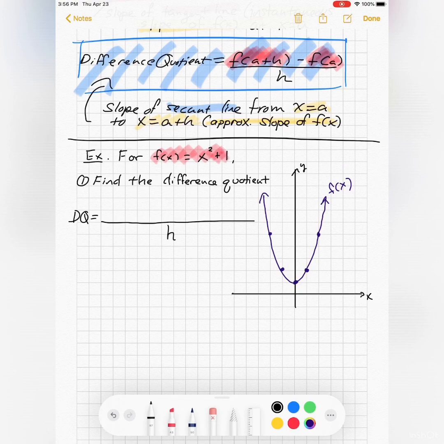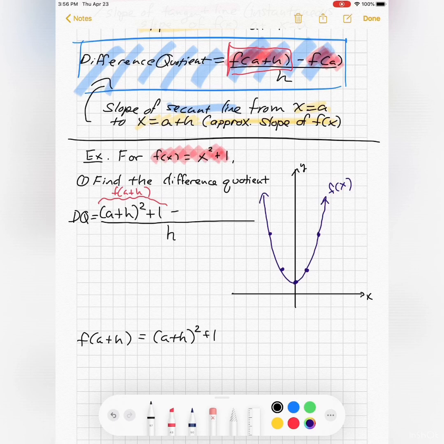Okay, so for my function, if I plug a plus h in, I get (a plus h) squared plus 1. Okay, so that's what goes here. Okay, so that guy, this is the f of a plus h. That's this piece.